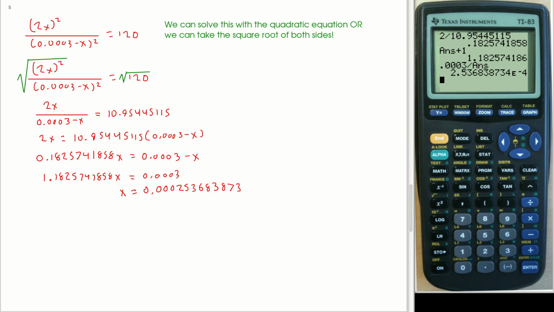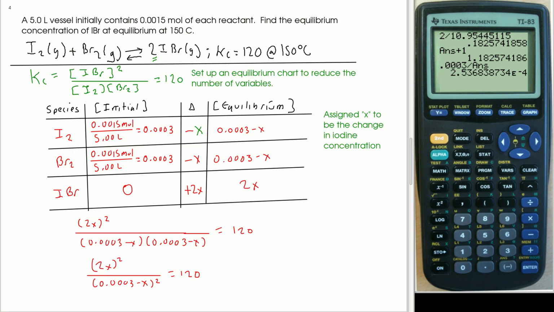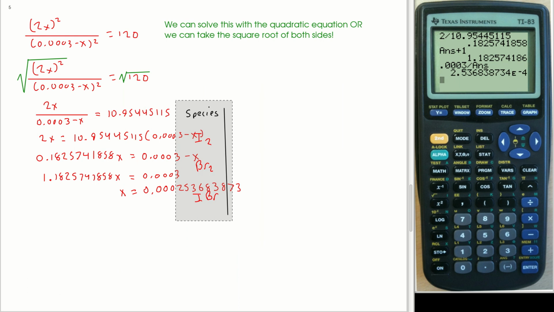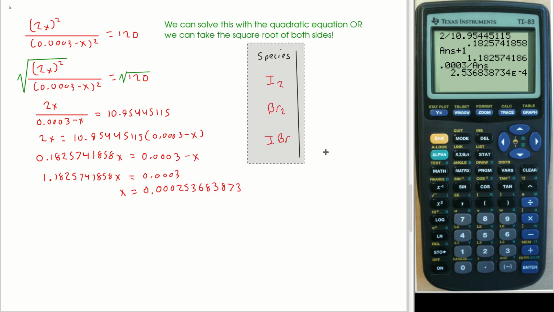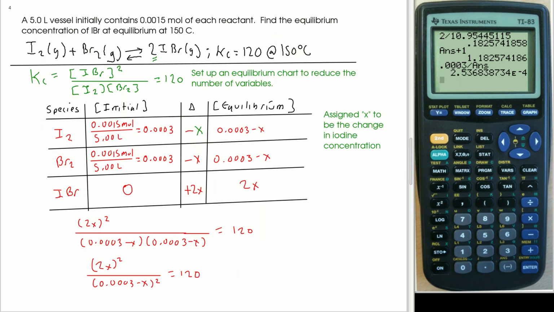So let's go back a page and see if we can remember what x actually is. Let me do a little copy and paste here. Get our equilibrium chart, or at least part of it, so we can remember what it was we were actually going to calculate here.